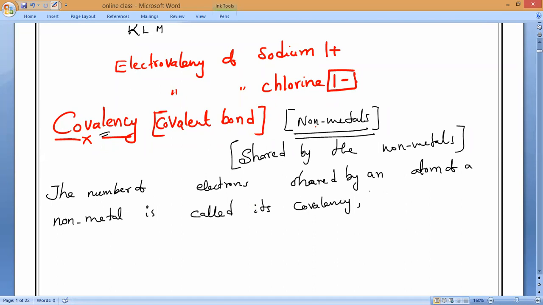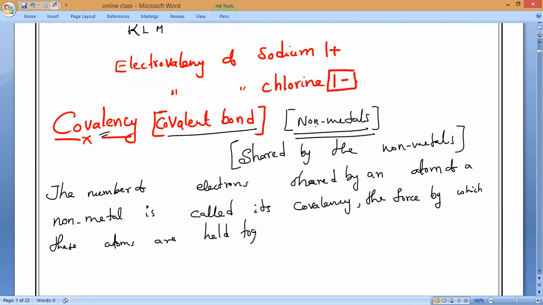Make it the force, which bond will form here? Covalent bond. The force by which these atoms are held together.